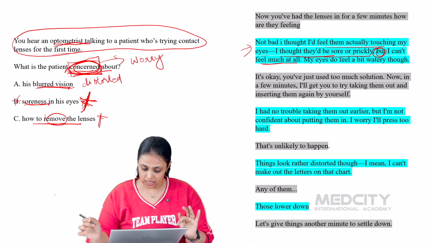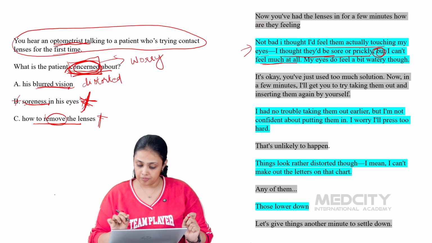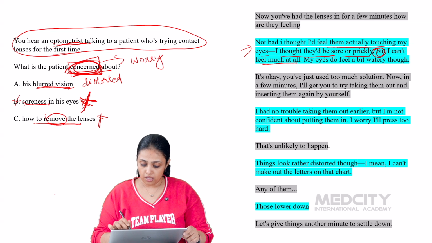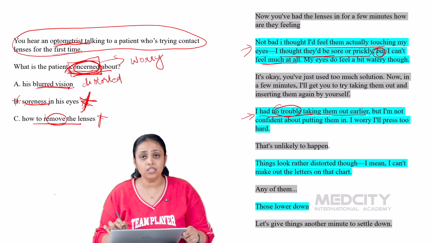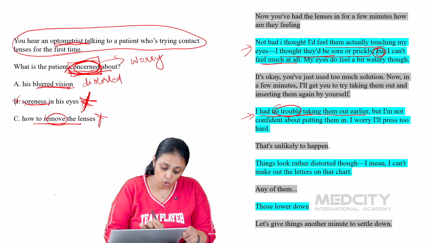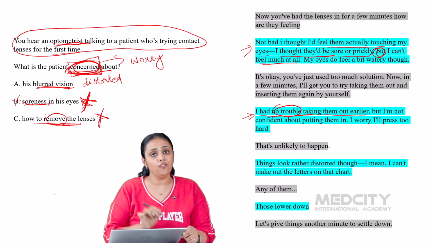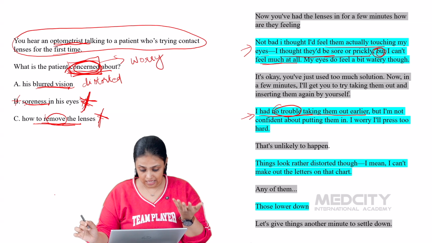Then moving on to option C, how that got eliminated. Then the optometrist is asking about like, I'll get you to try taking them out and inserting them again by yourself. For that, what is the patient replying? The patient says that I had no trouble taking them out earlier, which means that he has no problem with the removal of lenses. So that is not his concern.